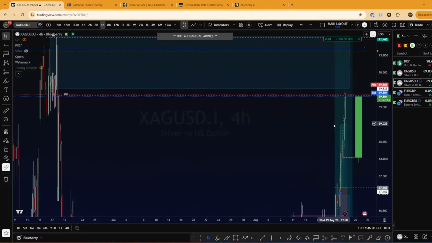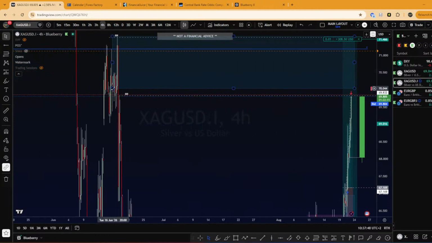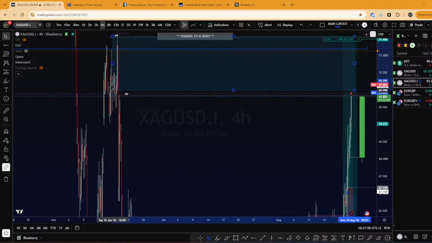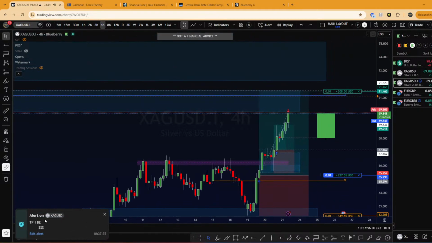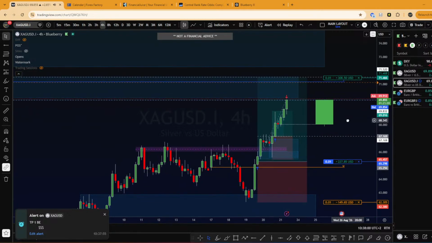So yeah, just waiting to test this price zone. TP1. I think I will close it. Yeah, because Friday, I have a bad experience with trading on Friday, to see a lot of reverse on Friday, so I will close it. Nice profit.